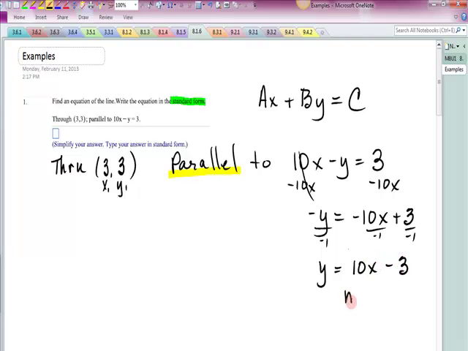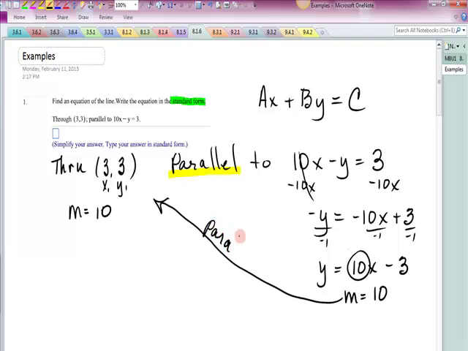The slope of the given line is 10. If the slope of that line is 10, then the slope of my line is 10 also, because parallel, same slope.